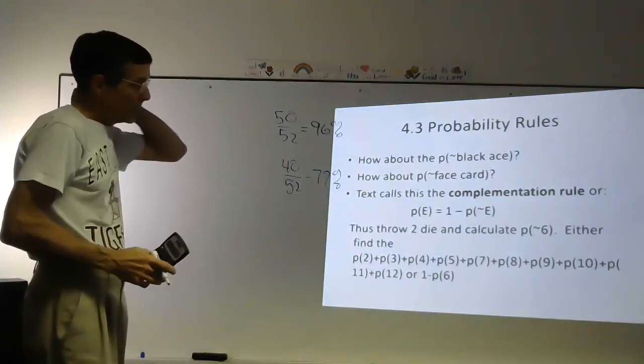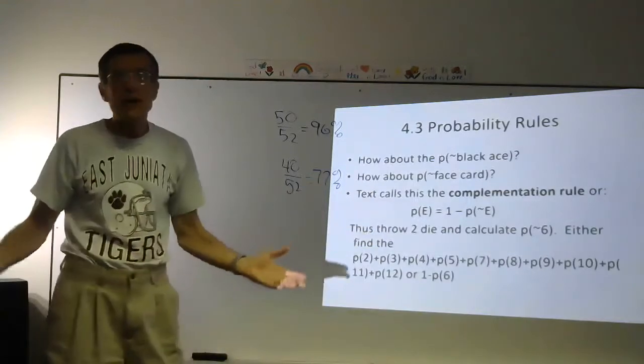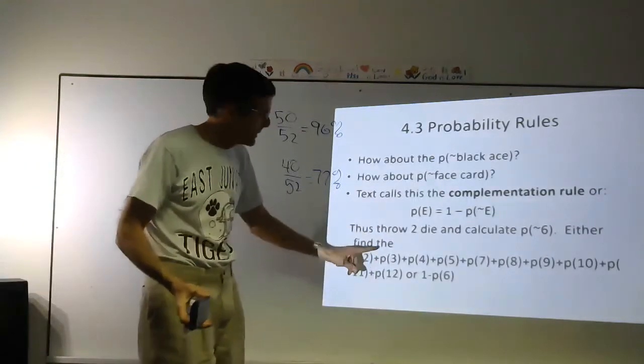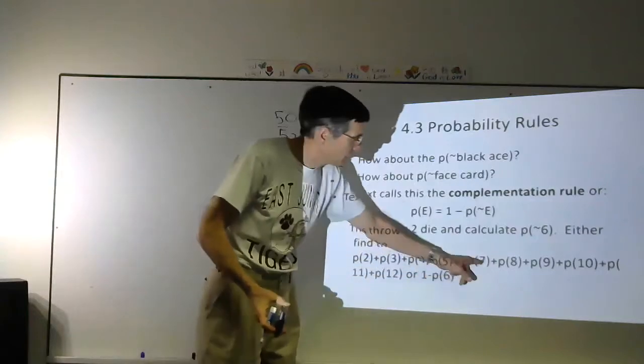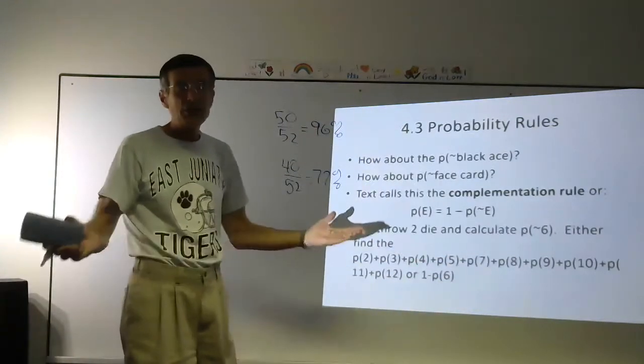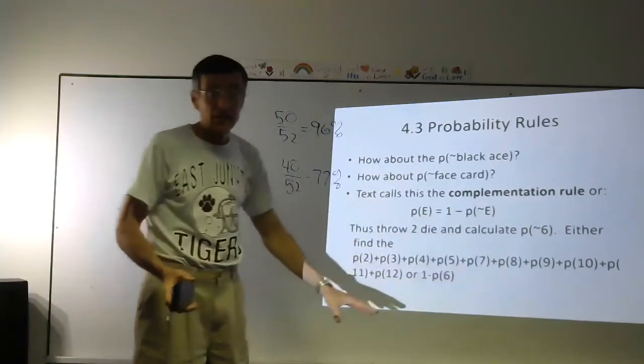Okay? How about if you throw 2 dice and calculate the probability of not getting a 6? Well, you could go to all this trouble, find a probability of getting a 2, a 3, a 4, a 5, a 7, an 8, and so on, the whole way up to 12. It's much easier to subtract. Find a probability of getting a 6.